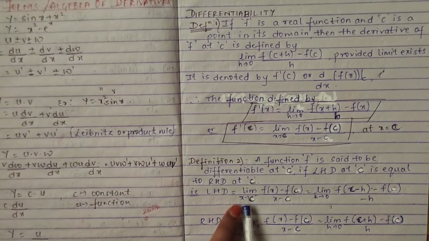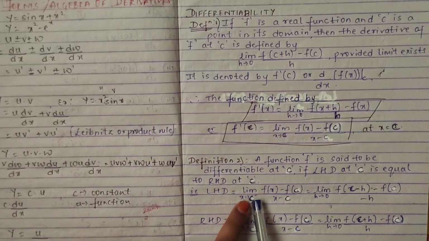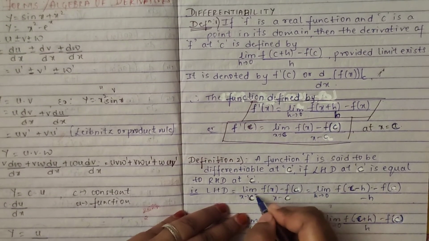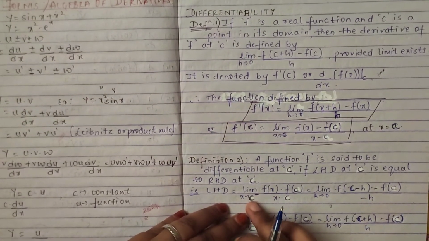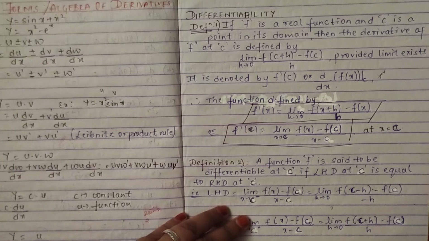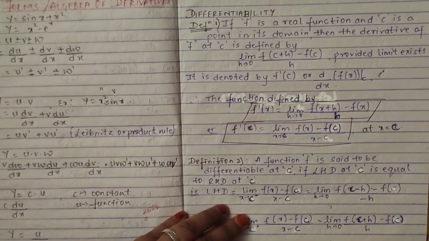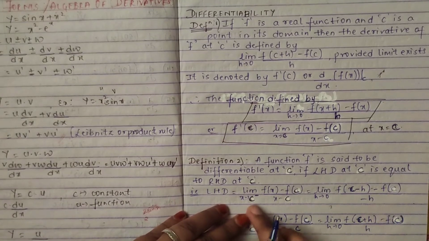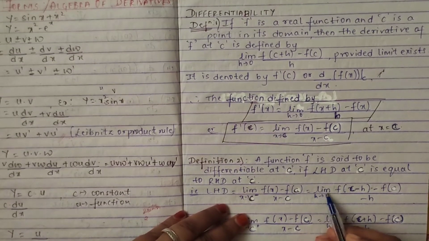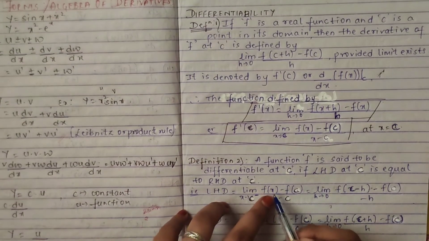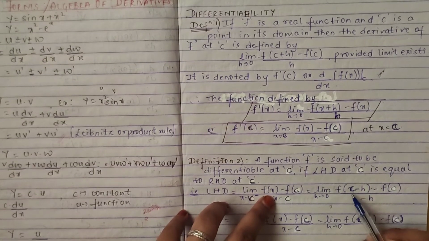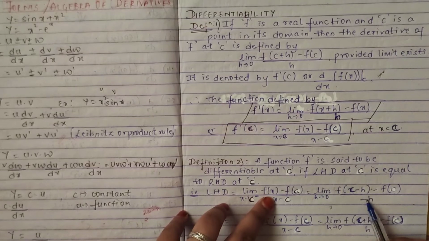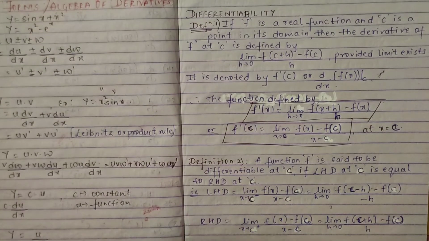Whenever it is c minus or c plus, along with it we add one more number, that is h, and h is very small, approaching 0, very near to 0. So we write the limit of f of c minus h minus f of c whole divided by minus h as h tends to 0.